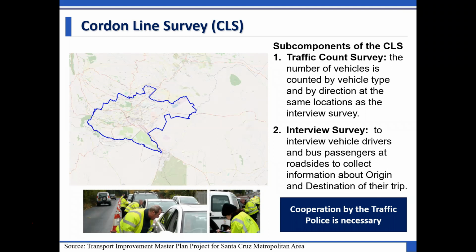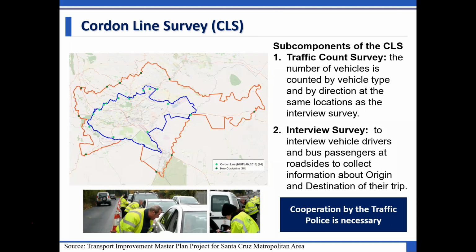So in this lecture, I would like to get the permission, or get support to get the permission, from the traffic police, and get some participation and support from them. At this moment, this figure shows the tentative locations of the cordon line surveys, and Mr. Ushiroka will plan the site visit, and then it will be decided whether the survey will be conducted or not.